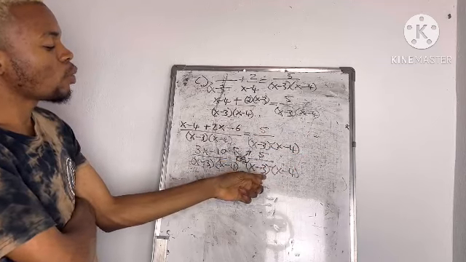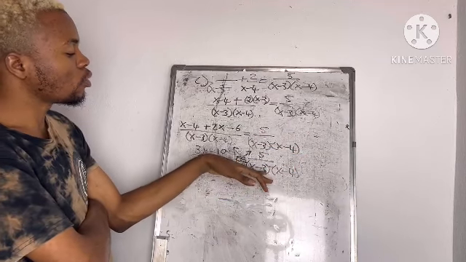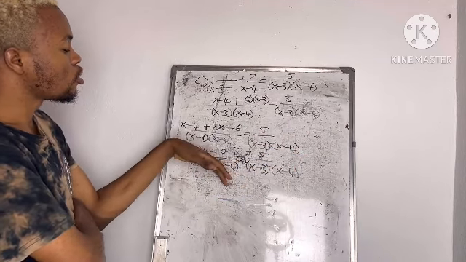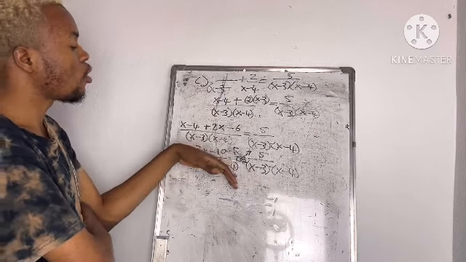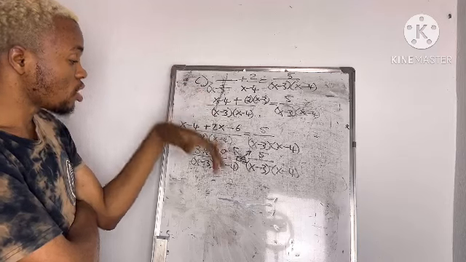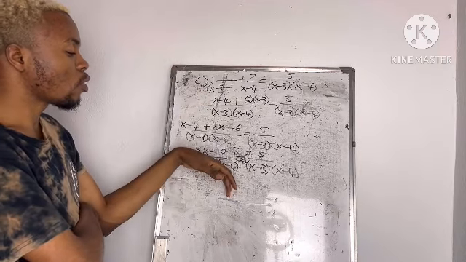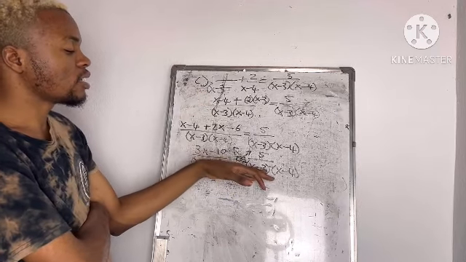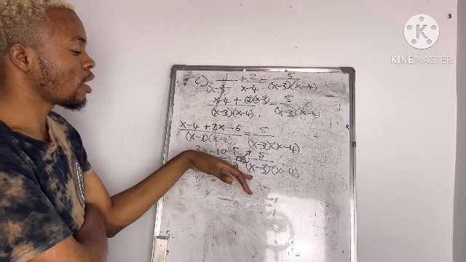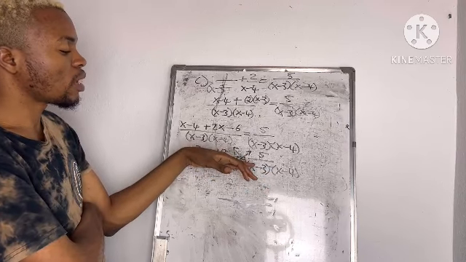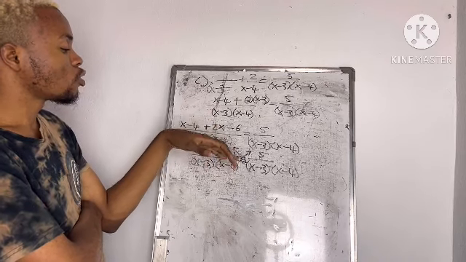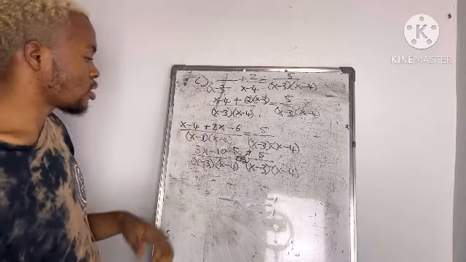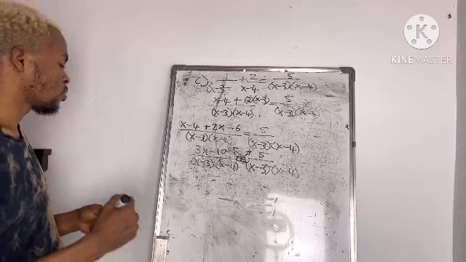Looking at it the way it is, you could just cancel these out, since they are all the same value: x minus 3 and x minus 4 are multiplied here, and it is the same thing on the other side. You could either cancel them out or cross multiply and simplify to solve. Let's just cross multiply and simplify to solve.